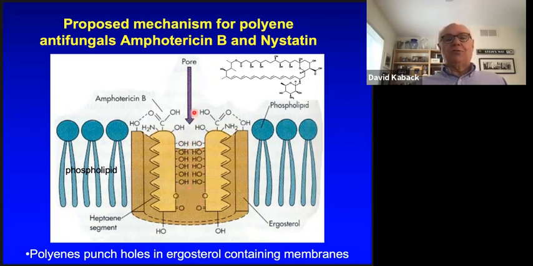You see these hydroxyl groups, and that essentially destroys the fungus's cell membrane and its ability to work, because molecules can get in and out, and it can't maintain what it has to do internally to grow, and the fungal cell dies.